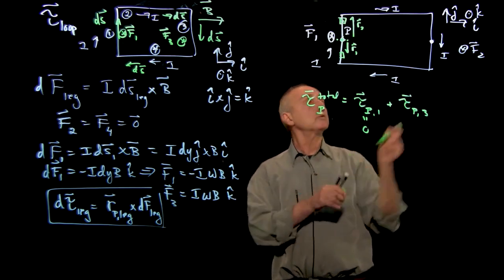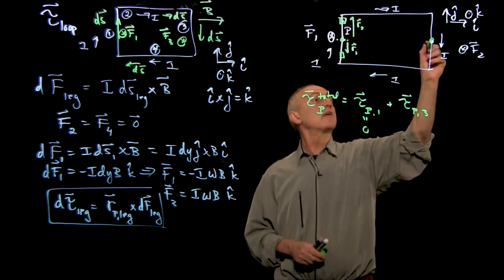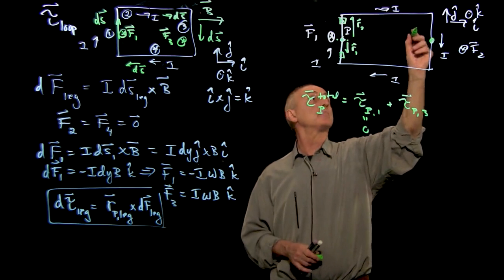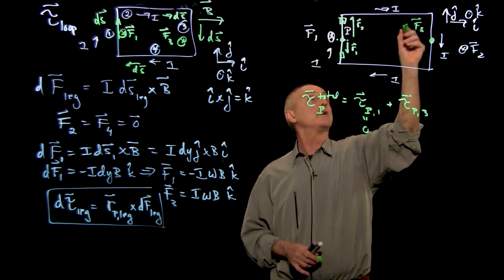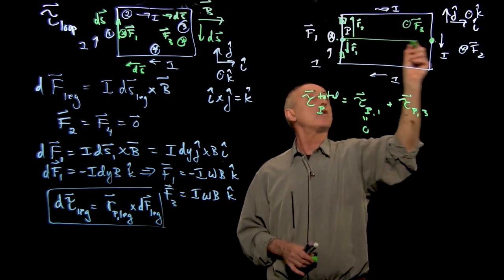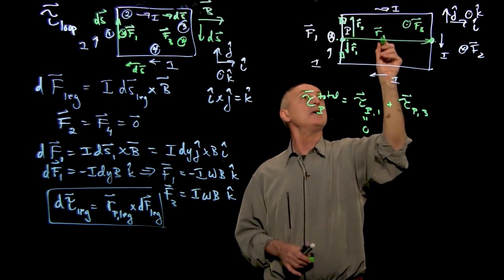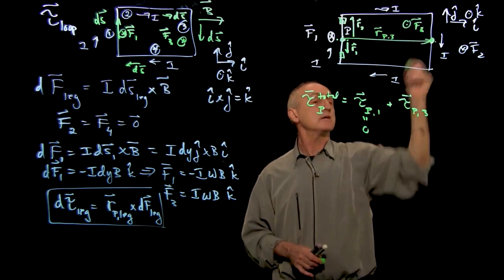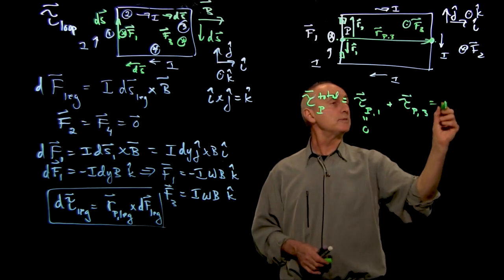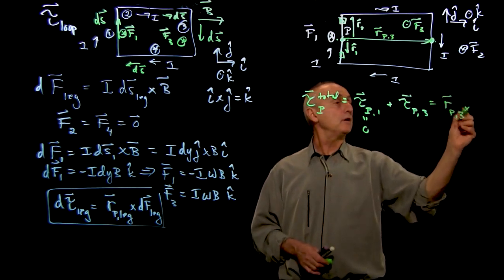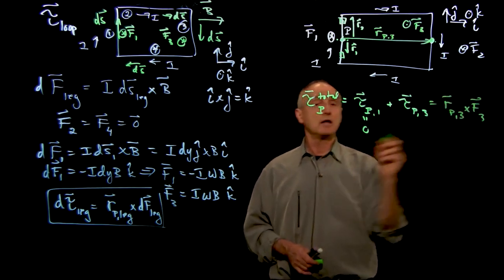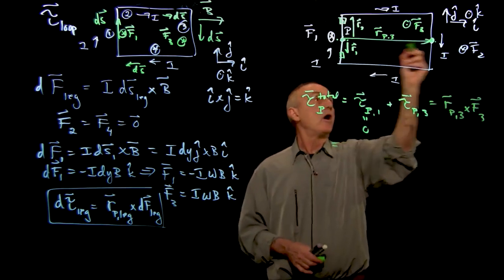Now, for leg 2, let's once again just say that the whole force, which is coming out of the plane of the figure, F3, is acting here. And our vector from P to this point 3 is there. So what we have is simply the vector r_P3 cross F3. And let's write that out.